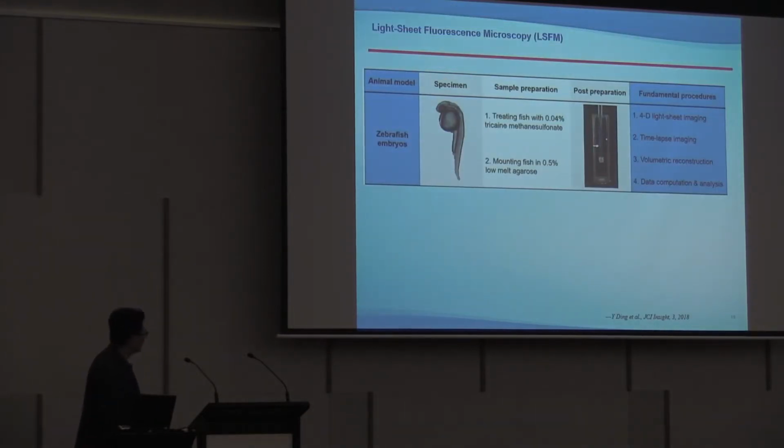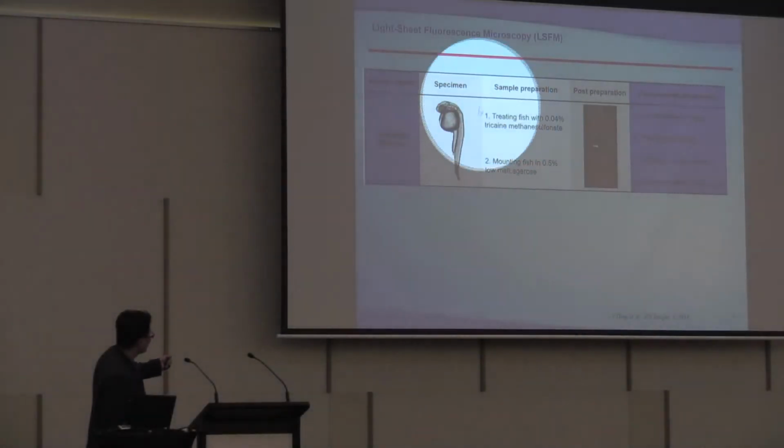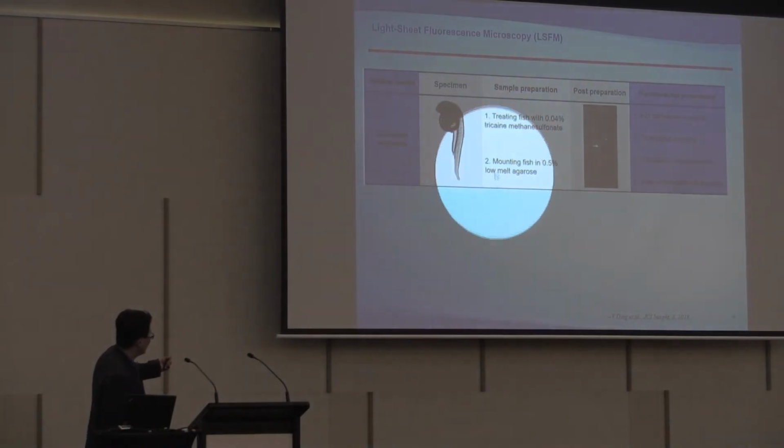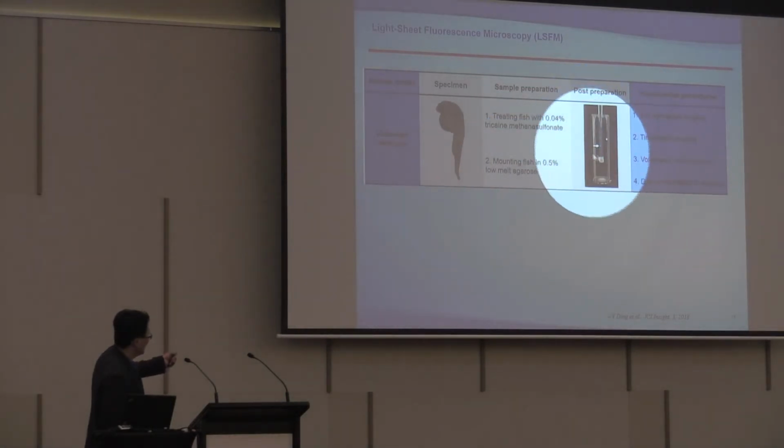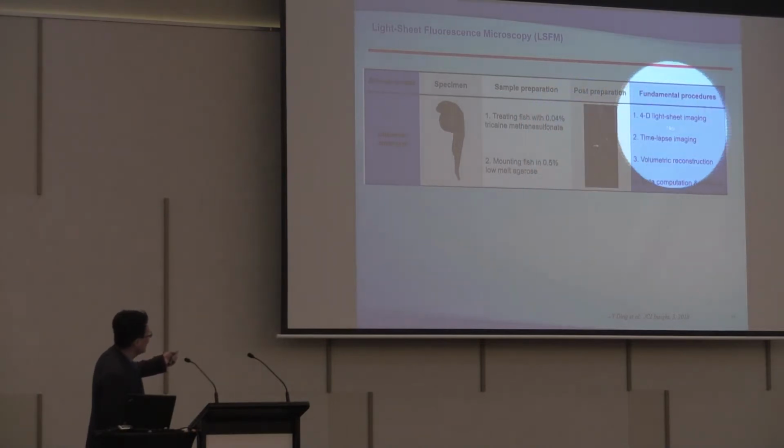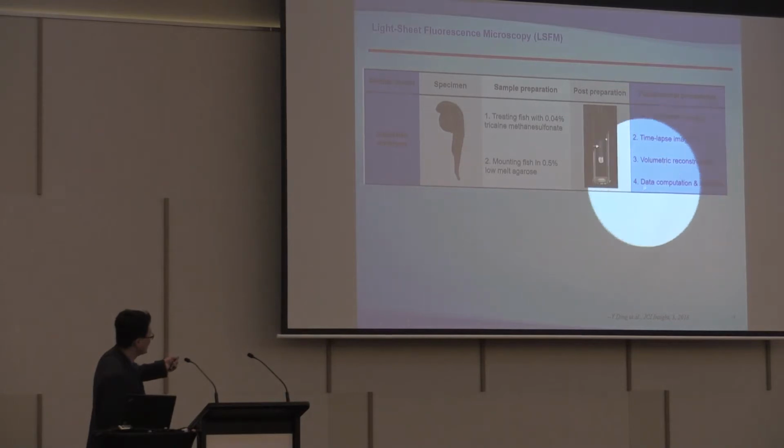So we talk about zebrafish, so one can sedate the fish with tricaine, or you can immobilize the fish with low melt agarose, so that you can visualize the fish in this tubing very well. I think many people in this audience have done this to provide 4D light sheet imaging and time-lapse imaging, and for us, we can perform 3D volumetric reconstruction and data computation.